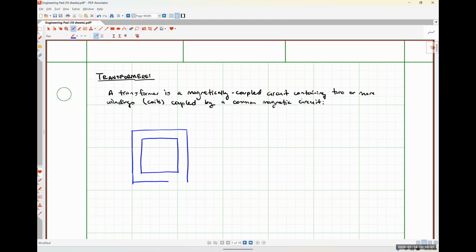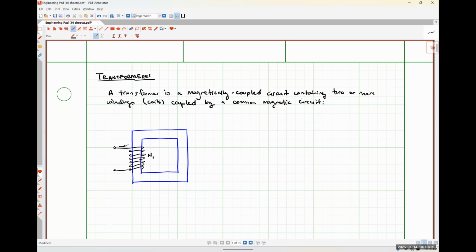All right, so I've got this core, and I would just simply wrap a couple of coils around the core, like so. This guy is going to have N1 turns.